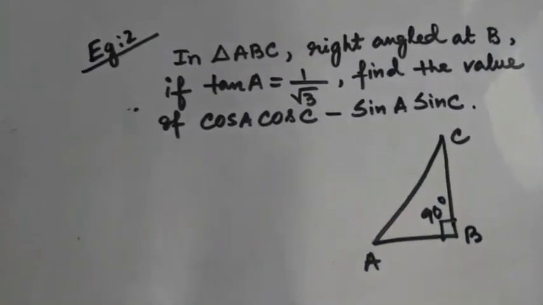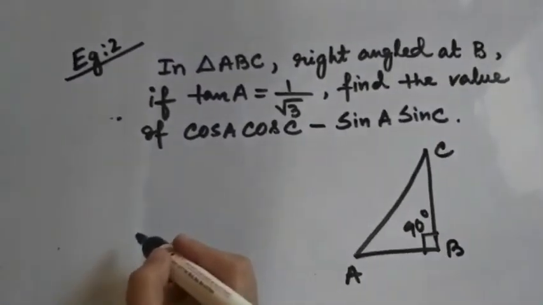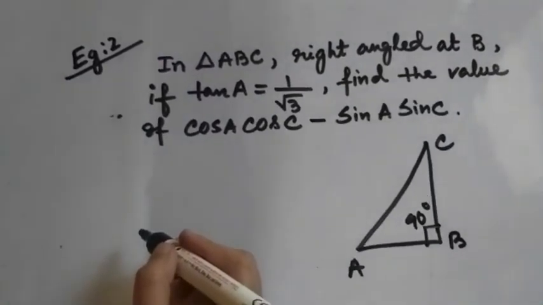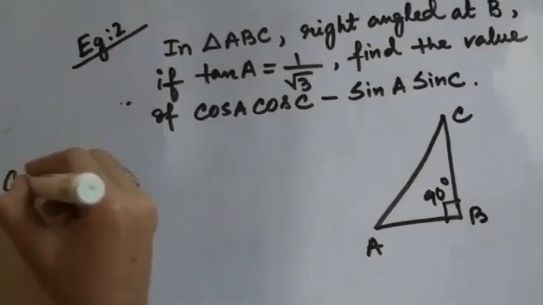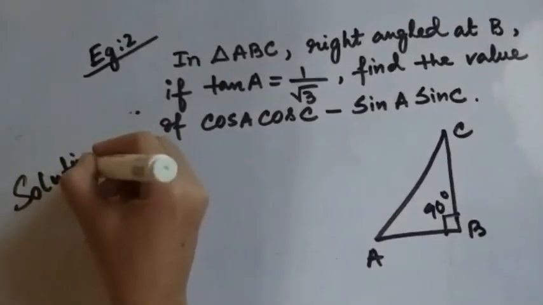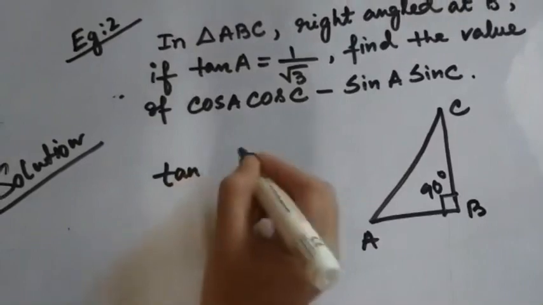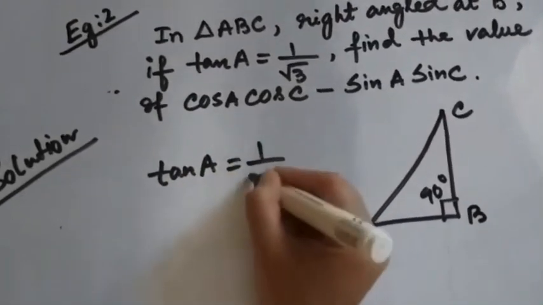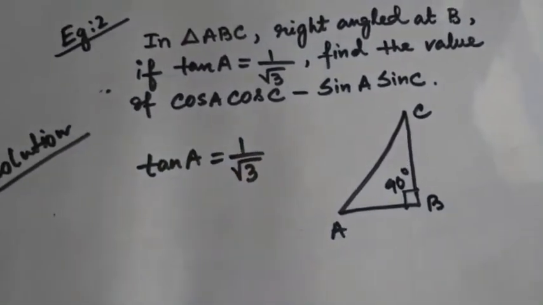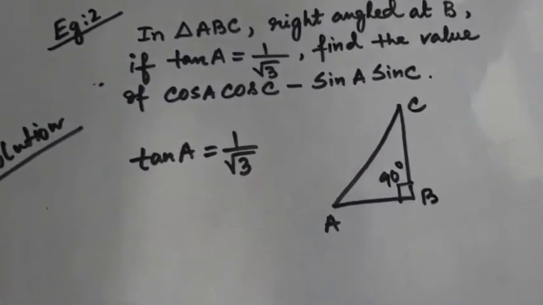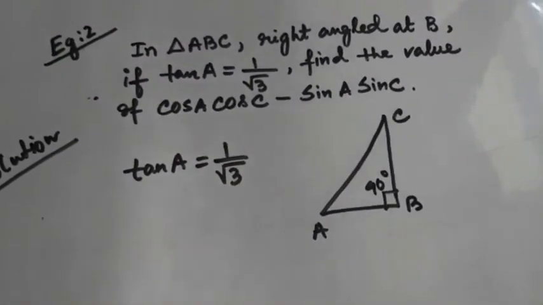Okay. So what is mentioned in the question? Tan A equals 1 by root 3. It is given. So what is the ratio of tan A? Tan A means perpendicular divided by base.